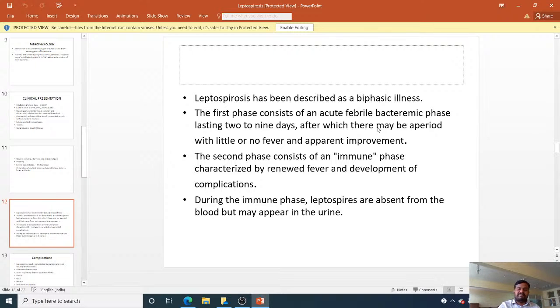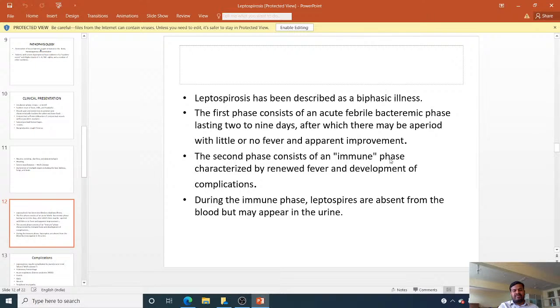This is a bacteremic phase, so there is rapid growth of spirochetes in the body. Sometimes you cannot expect fever in this phase.